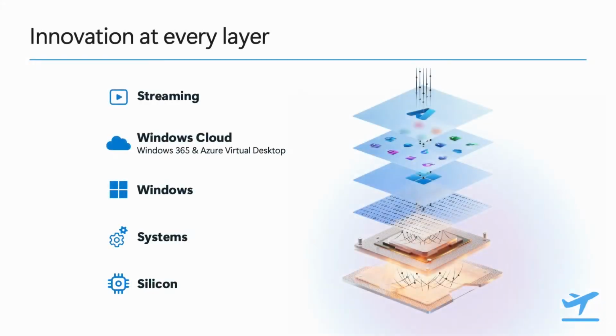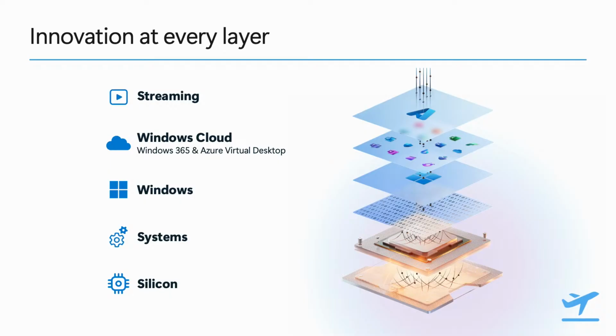In this case, we talk about silicon partners, NVIDIA, Intel, AMD, and Qualcomm, all of them. We are working with them to deliver the best silicon for remoting experiences. Working with systems, everything that runs on top of that, all the matrix multiplications, all the other such complex things can happen at a silicon level so that we can deliver this experience.